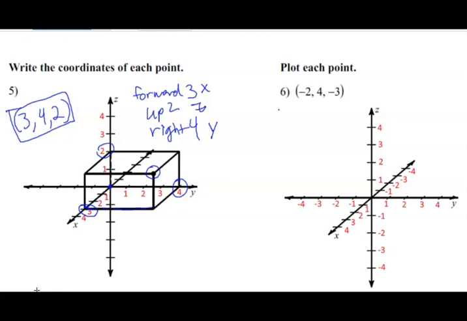Let's look at the next one. Plot each point. So we have X, Y, and Z. The -2 means that it went back 2. The 4, it went right 4. And the Z of -3, it went down 3. So let's go ahead and sketch that out. We have -3 down here, back 2, and then right 4.